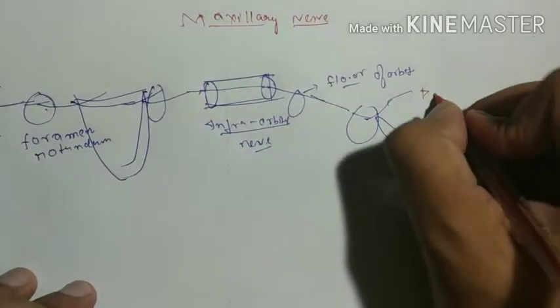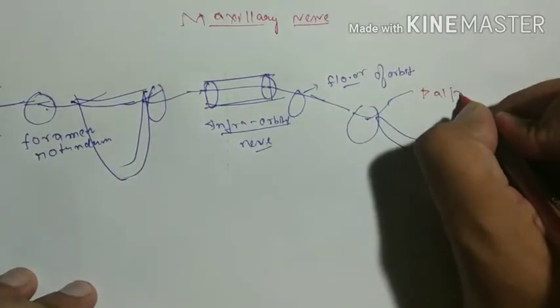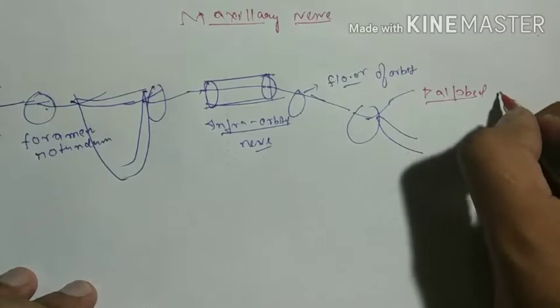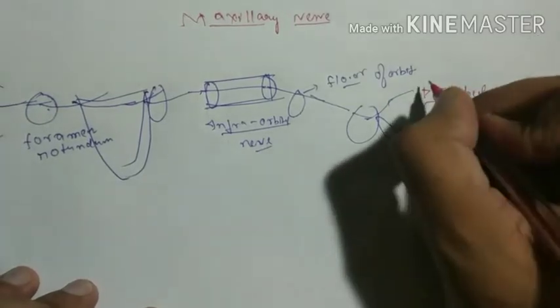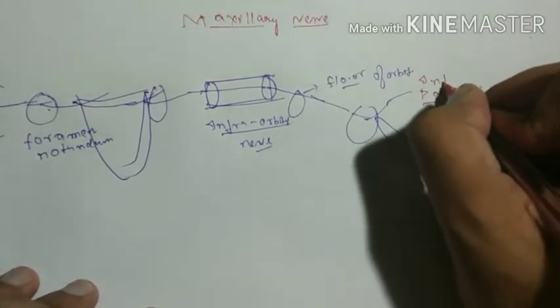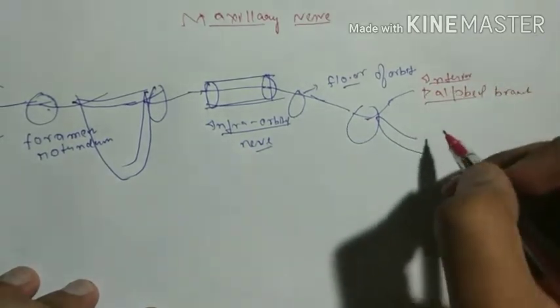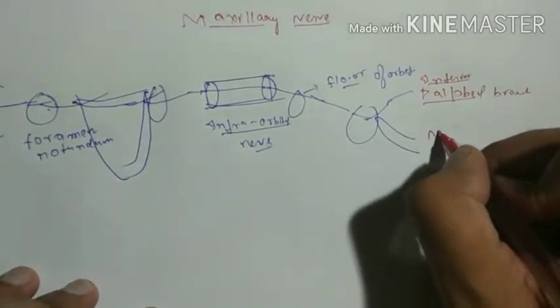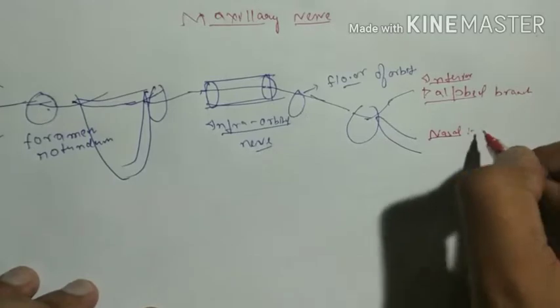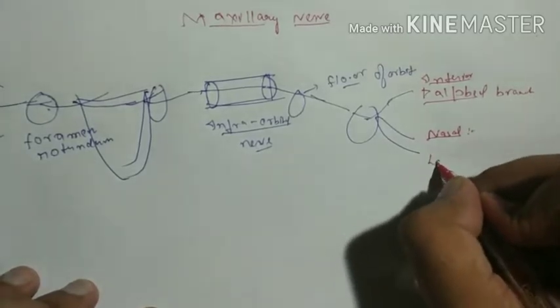First is the palpebral branch, or inferior palpebral branch, and the second branch is the nasal branch. The third branch is the labial branch.